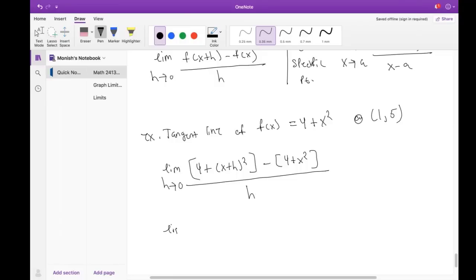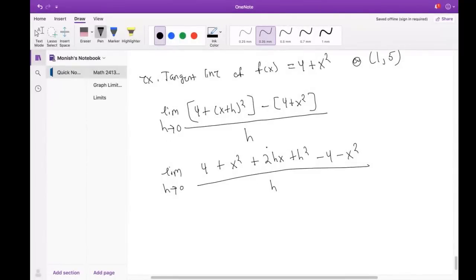And then we can simplify this so that it's 4 plus x squared plus 2hx plus h squared. Then I'm going to go ahead and distribute this negative into the 4 and x squared, so minus 4 minus x squared, all over h.